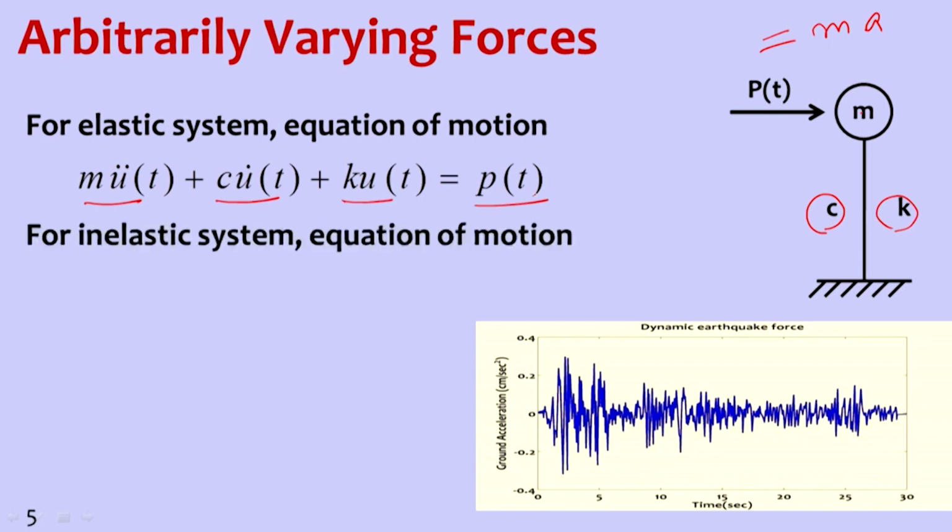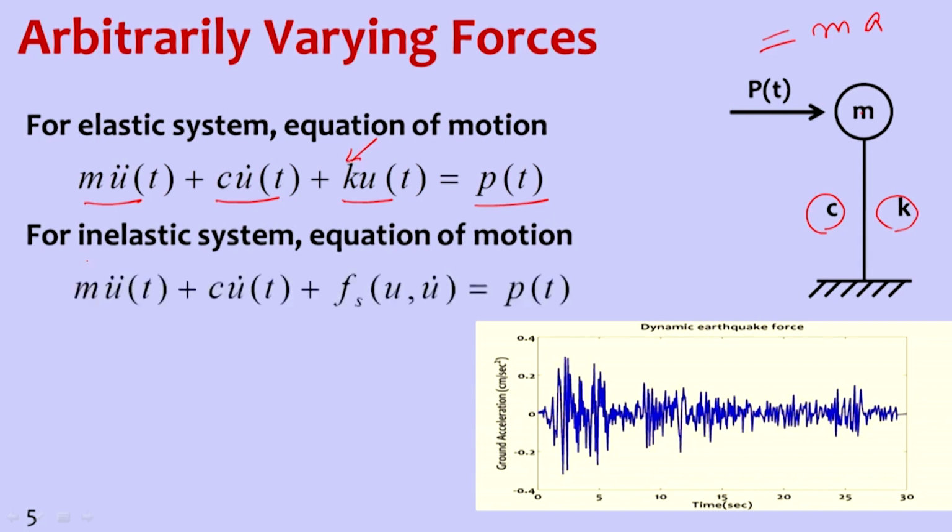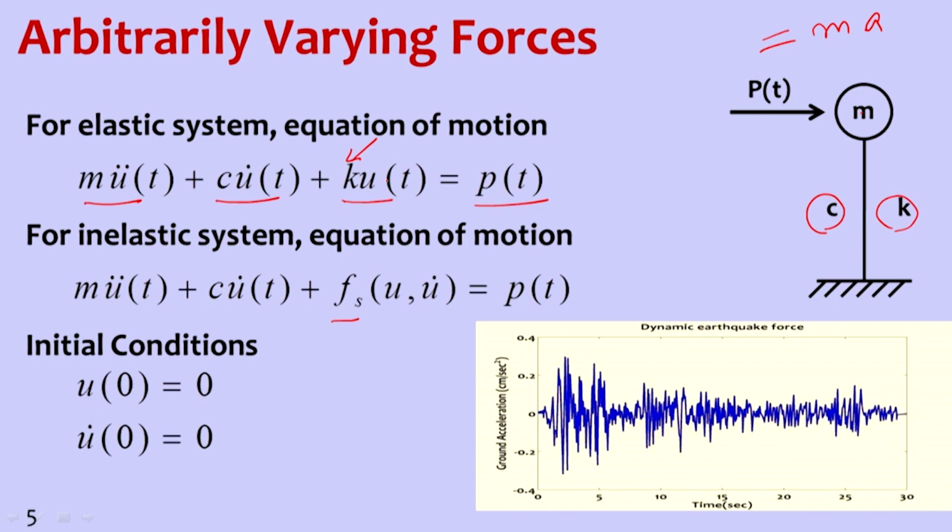In this one, the stiffness is elastic and the force is random, whereas for an inelastic system, the stiffness force is dependent on displacement as well as velocity. Here it is dependent only on displacement. We can solve this by using initial conditions, that is u0 is equal to 0 and u dot 0 is equal to 0.